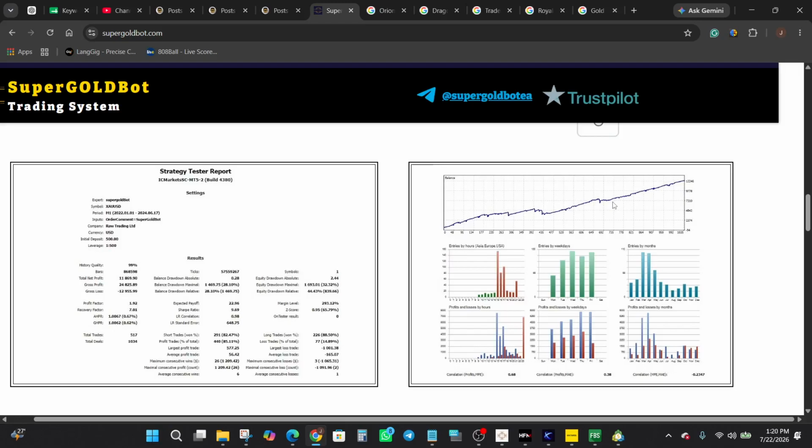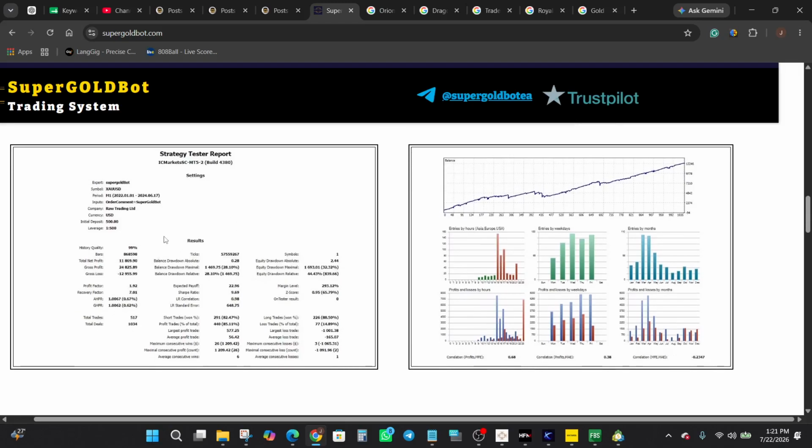Okay, now looking at the summary metrics from this historical report, the total trades and win rate shows that the EA executed 517 total trades over the period, achieving an overall win rate of 85.11%, which gives us 440 winning trades against 77 losing trades.